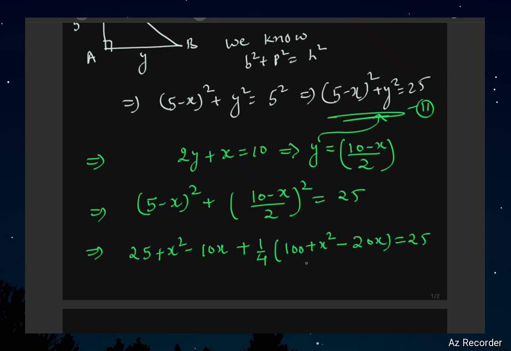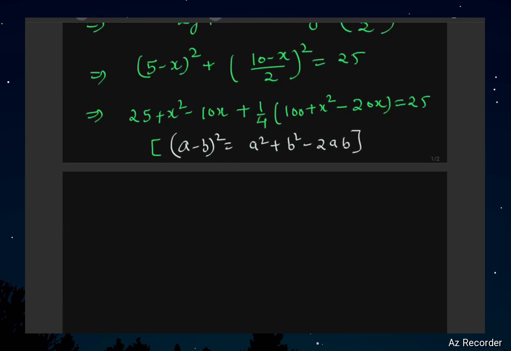The identity we have used to open these squares is that (a minus b) whole square equals a square plus b square minus 2ab. So we have 25 plus x square minus 10x plus 100 by 4 is 25, plus x square by 4 minus 20x by 4 is 5x, equals 25. This is simpler because this is a polynomial equation. Let's multiply by 4 on both sides.